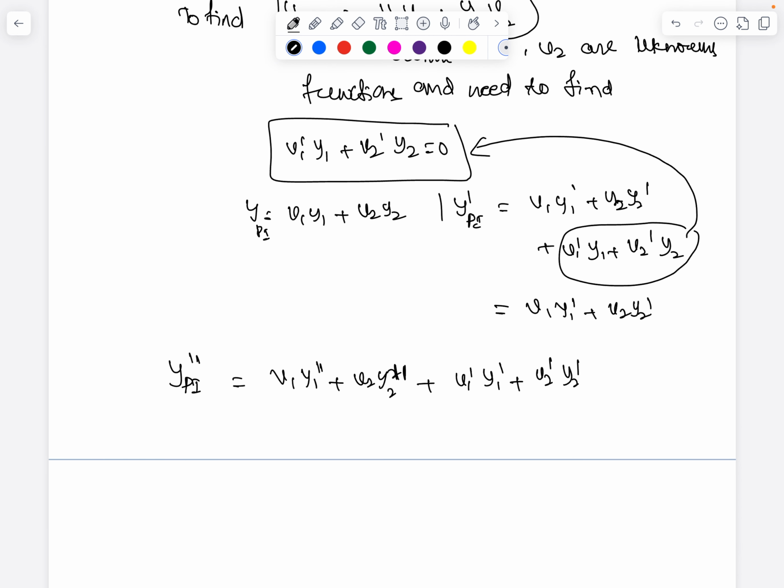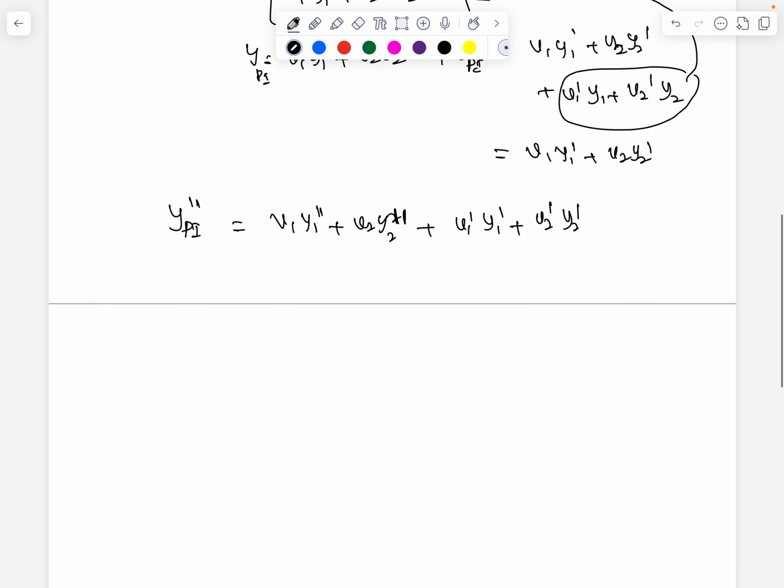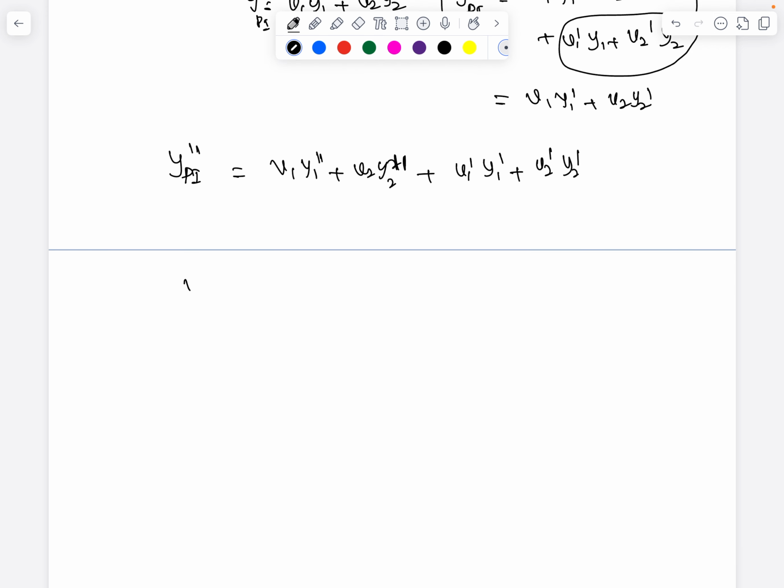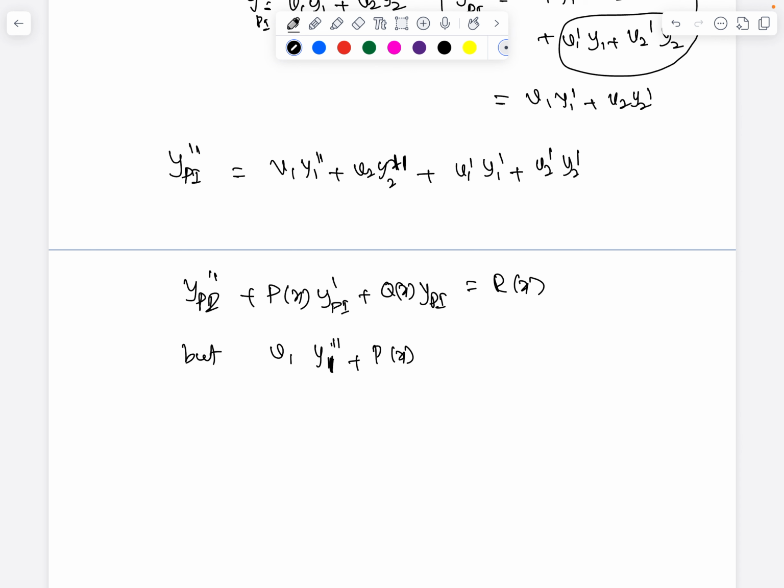Now if you substitute in the given differential equation, you have y p double prime plus p of x into y p prime plus q of x into y p is equal to r of x. But the terms v1 times y1 double prime plus p of x into y1 prime plus q of x into y1 vanish because of the homogeneous condition.